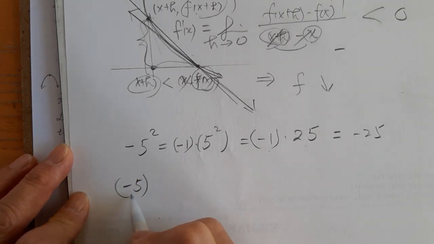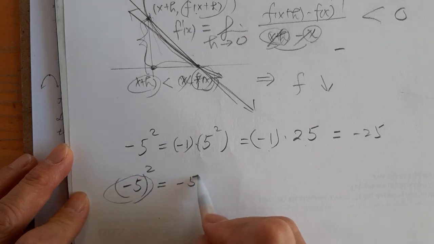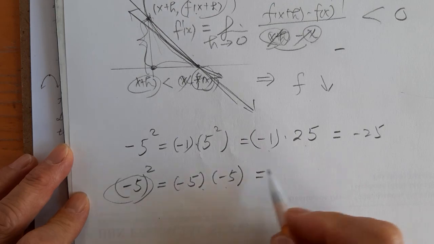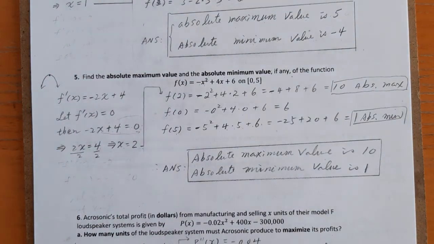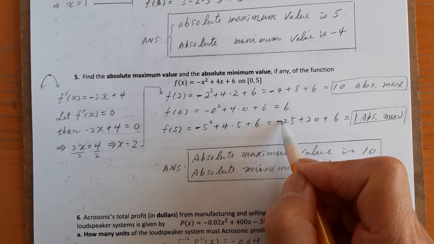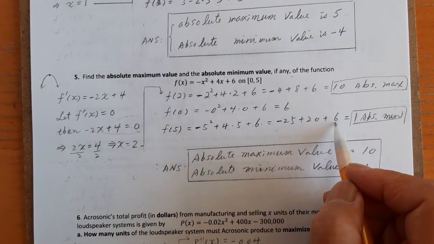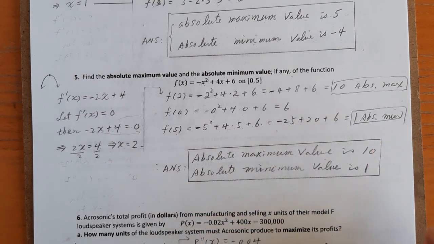If I have parentheses, then the base is negative 5, so it's negative 5 times negative 5. Negative times negative becomes positive 25. So this one is a negative, so negative 25. 4 times 5 is 20, add 6, and 26 minus 25 gets 1.